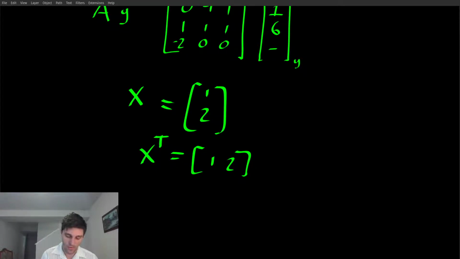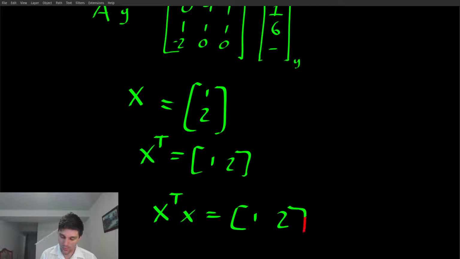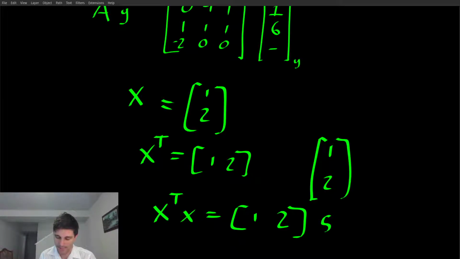And so, for example, x transpose x would be 1, 2 times 1, 2, and it is the inner product. It's this one single thing, and the output that we get is a 1 vector, or just a number. In our case, 1 plus 4, 5, right?